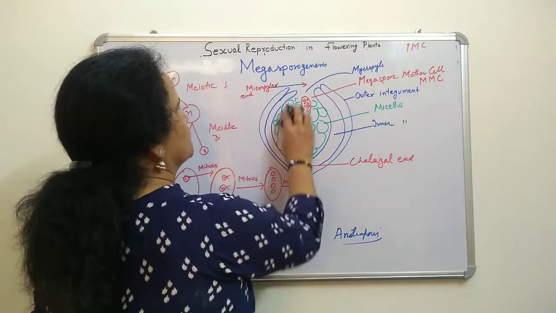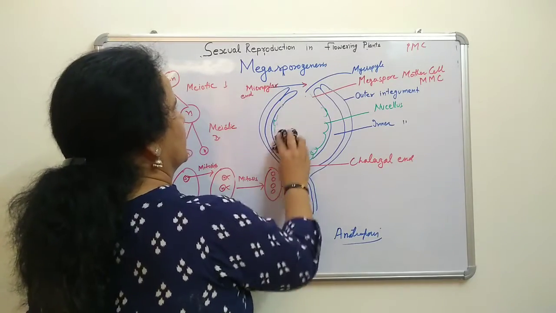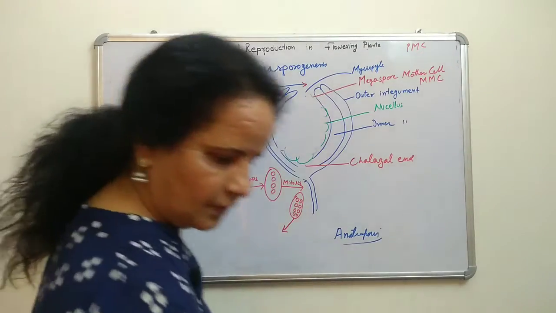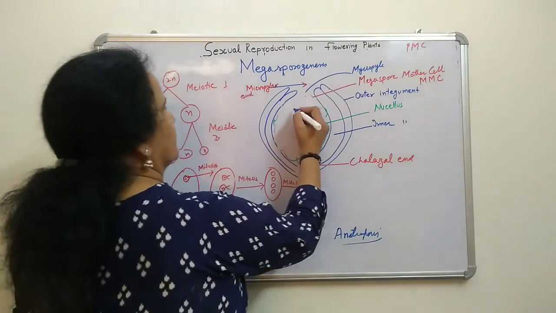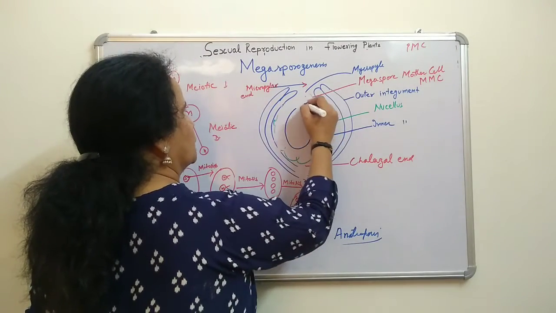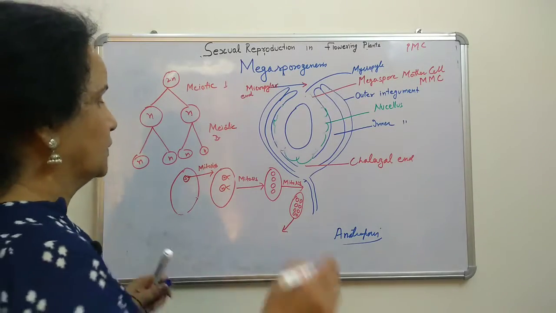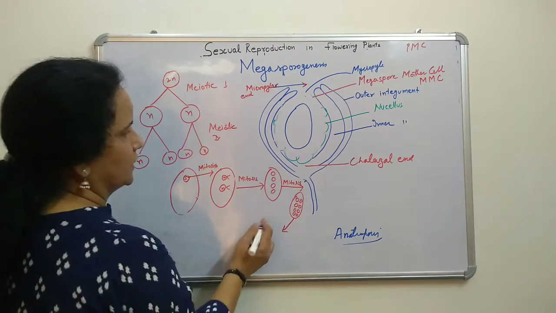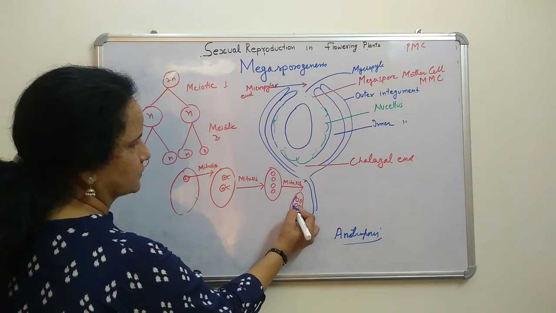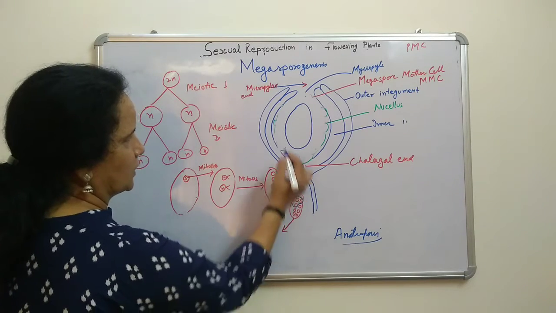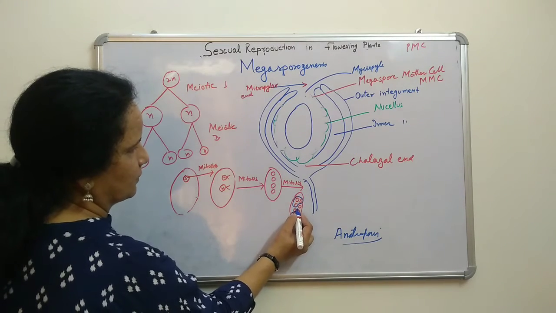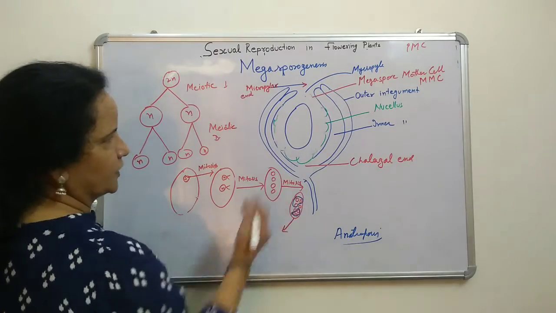Because the nucellar cells are consumed, in between we have this mature embryo sac. This is the 8 nucleate stage. Now these three are together, and these three are together. Both groups will move towards the opposite ends.